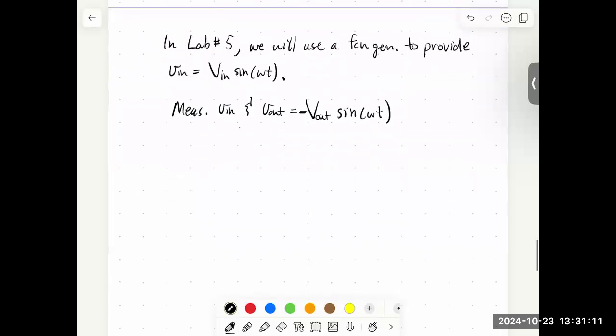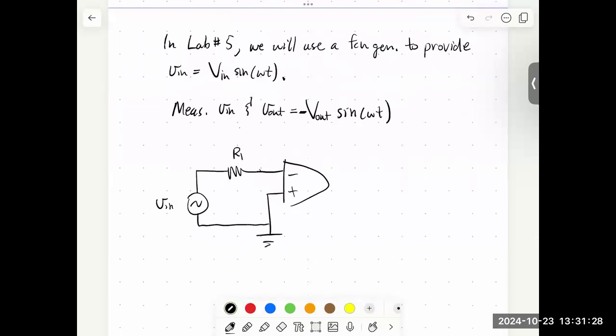Okay, so then our circuit is going to look like this. We'll have our function generator providing V in. We'll take our resistor, we'll call it R1. We'll have our op amp. The non-inverting input will be grounded. We'll have our negative feedback, like so.